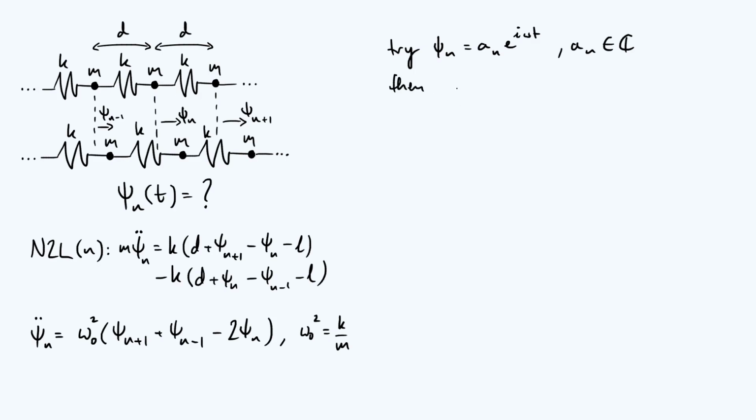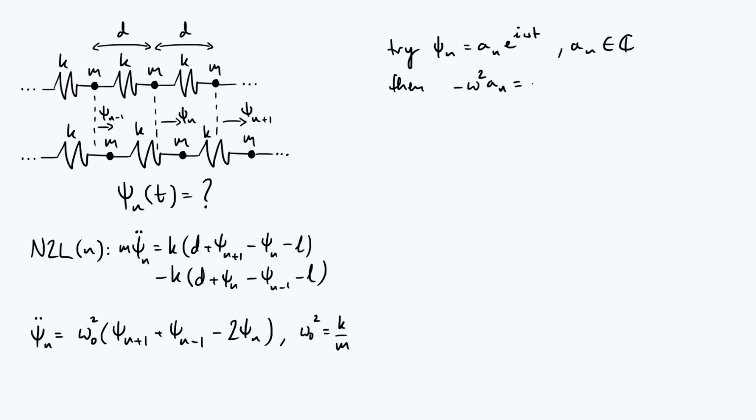We substitute it into the equation. The second time derivative of this, well, you pull down an i omega each time you differentiate with respect to time. So overall, you pull down a factor of minus omega squared. The left-hand side is going to be then minus omega squared, a n e to the i omega t, but I'm not even going to bother writing e to the i omega t because that's going to be present in all of the terms. That's going to cancel from both sides, right?